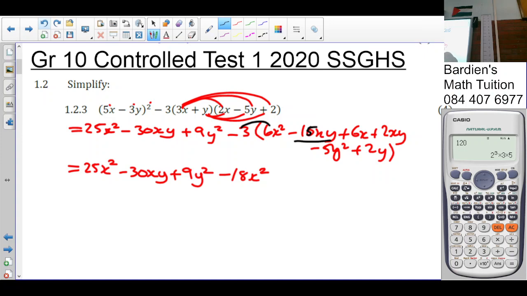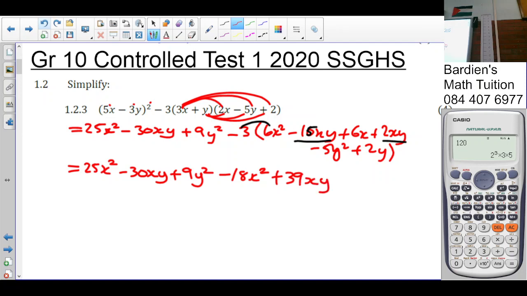Thank you. Is everything else fine? Who corrected me? Nice. So it's negative 15xy. That one and this one are like terms, not so? So that's going to give us negative 13xy. Negative 13xy times positive 3 is positive 39xy.